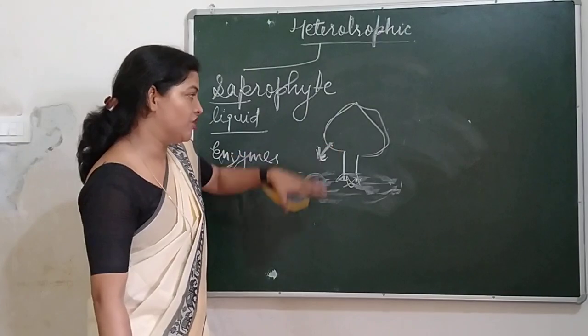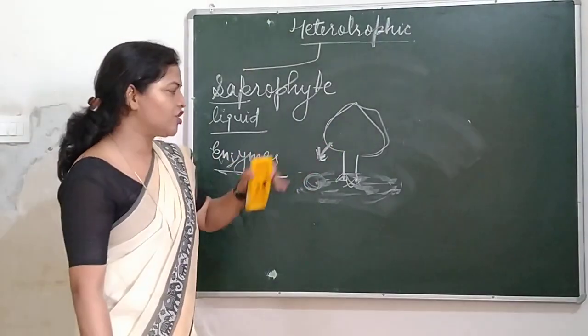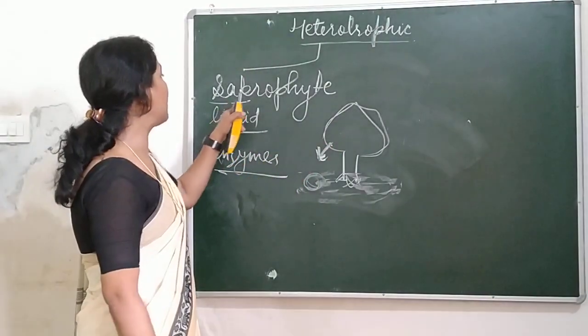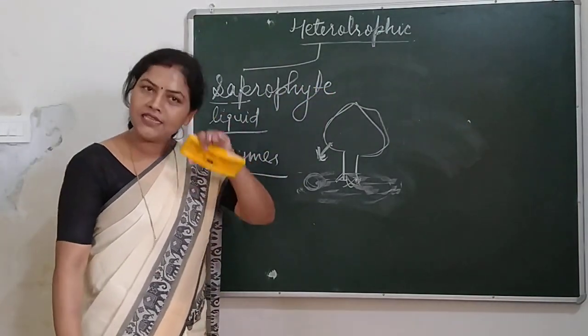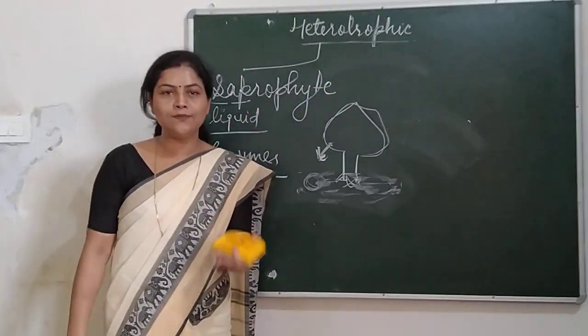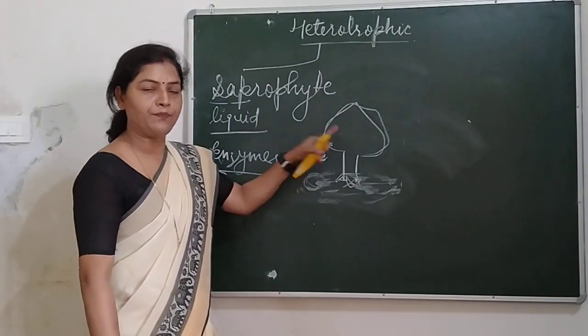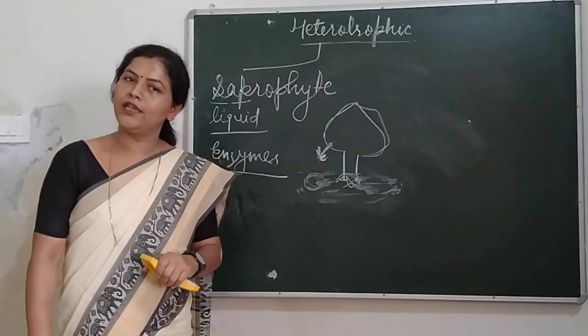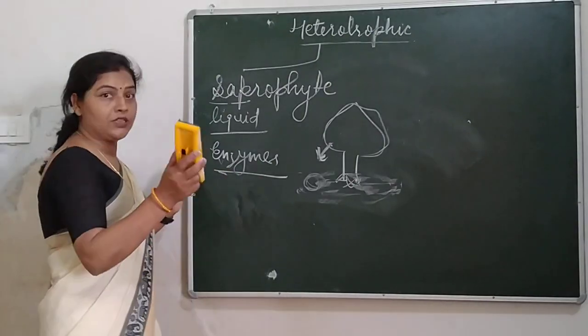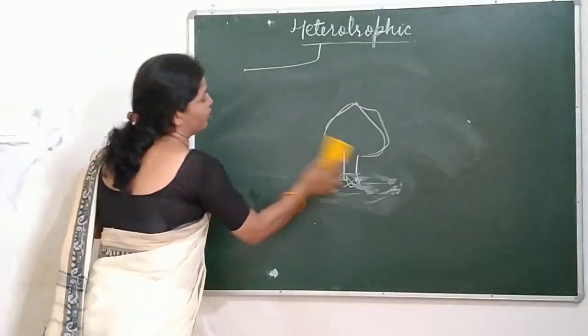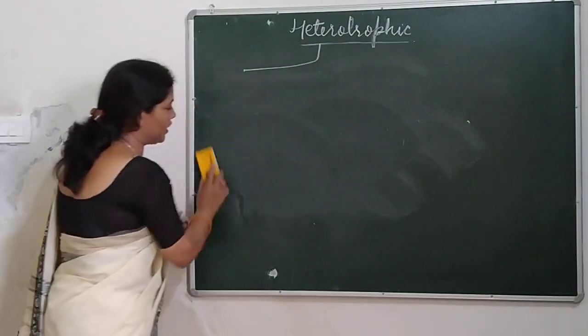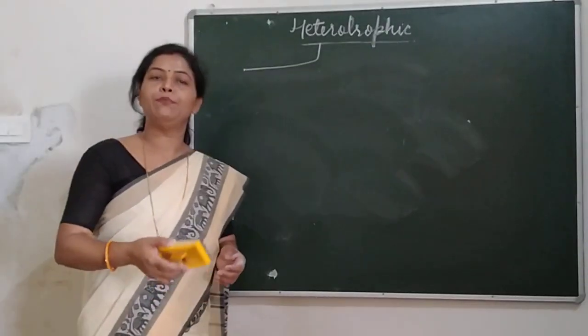In this way, fungi obtain their food, and such kind of nutrition is called saprophytic nutrition. And these organisms which are involved in such type of nutrition are called saprophytes. So this was the second type of heterotrophic mode of nutrition in non-green plants.